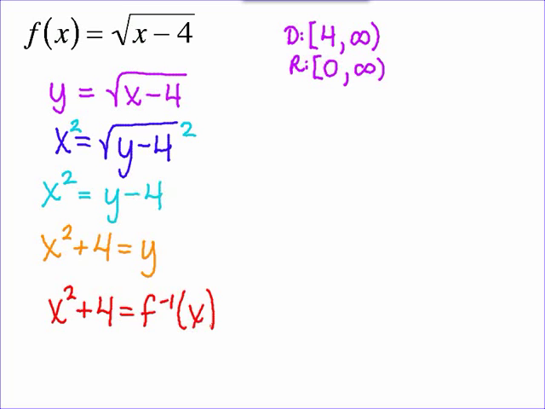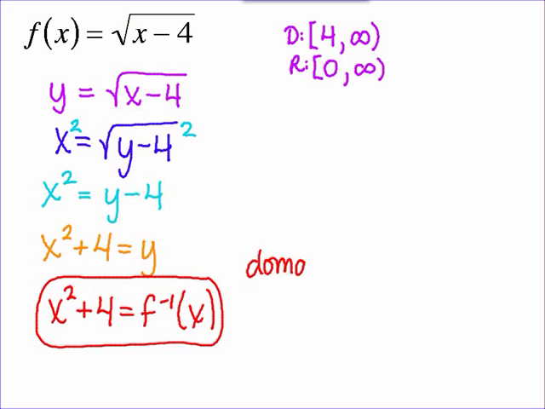Now what I've got to do is see if there's any restrictions on my domain. So remember, the domain of f inverse of x equals the range of the original function. So the range of the original would equal 4 to infinity, and the domain would equal 0 to infinity.